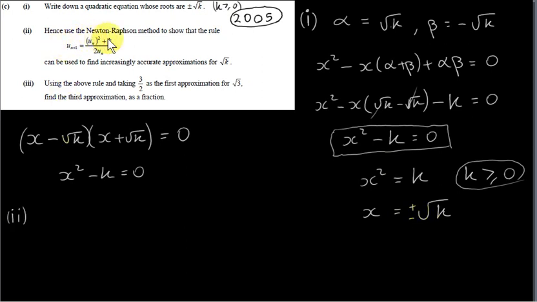In part 2, we're going to use the Newton-Raphson method to show that this rule, u n plus 1 equals u n squared plus k over 2 times u n, can be used to find increasingly accurate approximations for root k. So we can refer to our function as f of x.